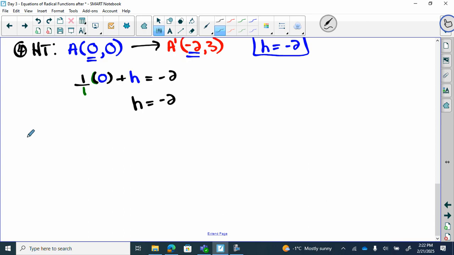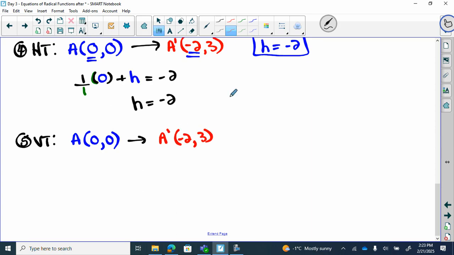Step 5 is the vertical translation. And once again, I'm going to compare A, 0, 0, to A prime, -2, 3. Remember in chapter 1, we try to pick a point on the original curve where the y coordinate is 0 when I'm looking for the vertical translation.